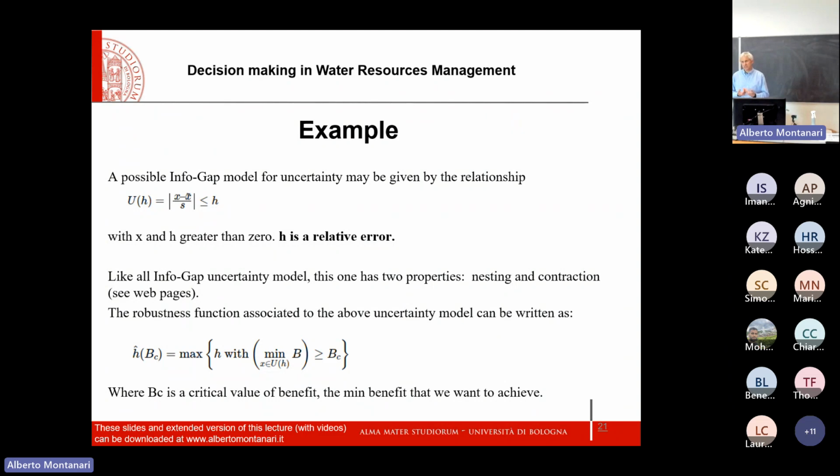It means that if you go from H1 to H2, you are including in each subsequent range UH the previous X values plus some new ones. This is the nesting property. It means that for increasing uncertainty, you can tolerate an increasing range of X values.